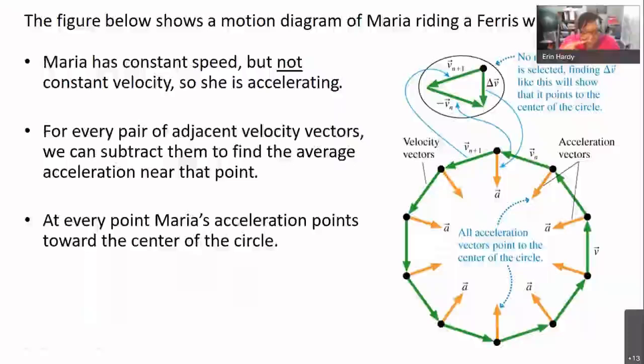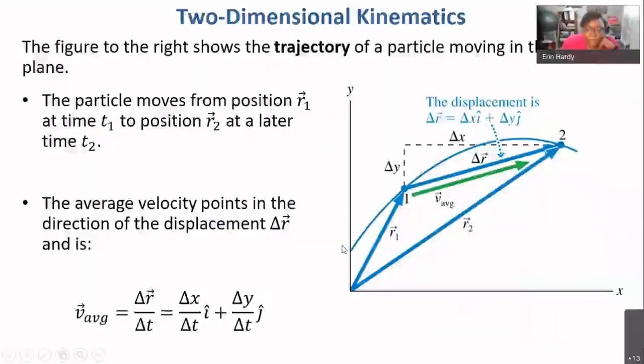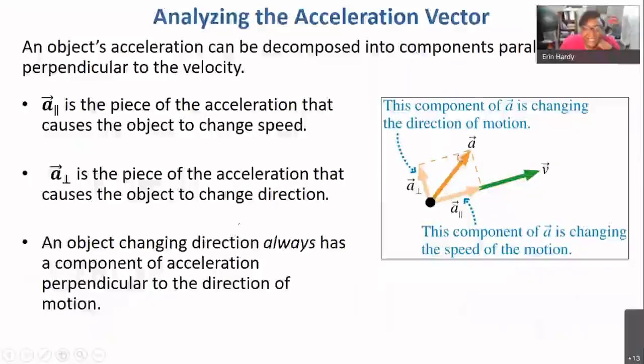When she's going from not moving to moving along the segment of the circle, the arc, her acceleration would be like this dark orange arrow here. There'd be a parallel part and a perpendicular part that add together to some net acceleration A.